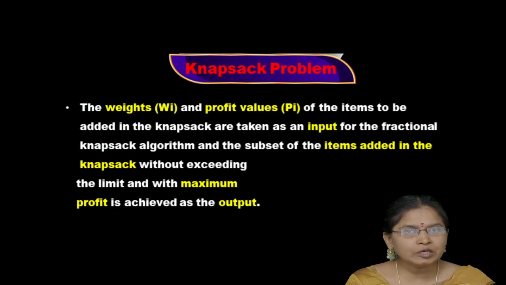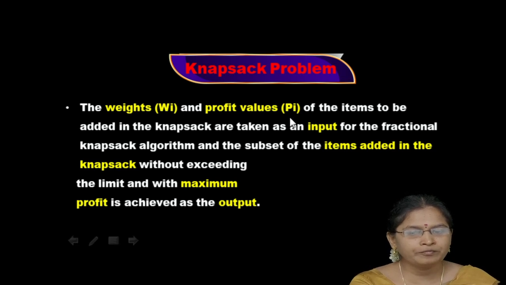Next are the input and output values used in this knapsack problem. The input is the weight and the profit value associated with each item, and the output is the items added in the knapsack and the maximum profit that is earned.